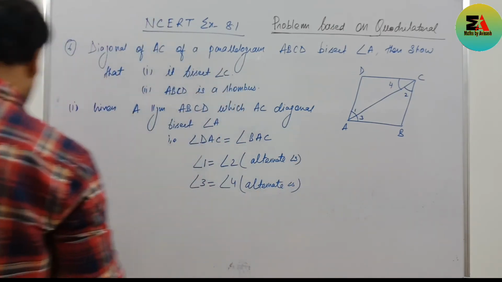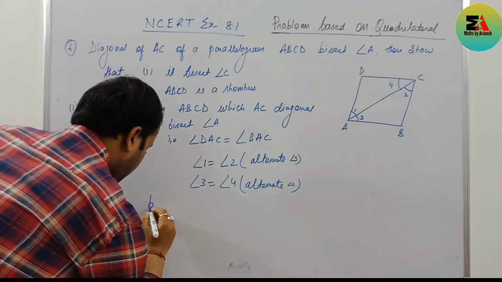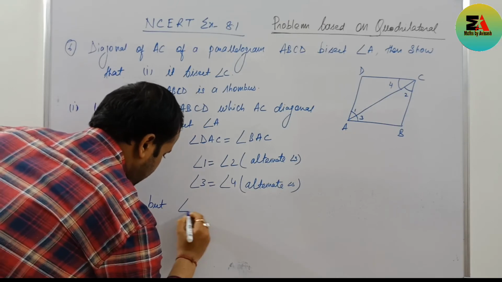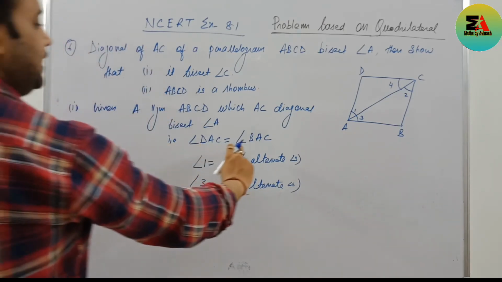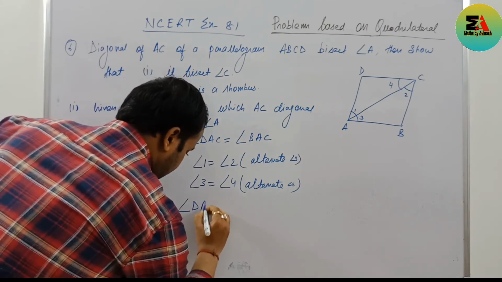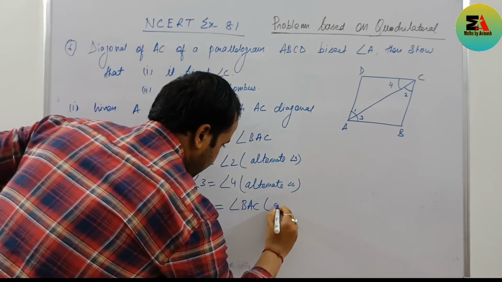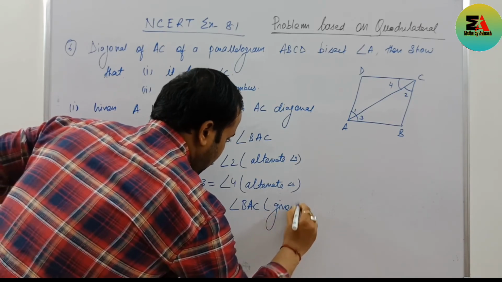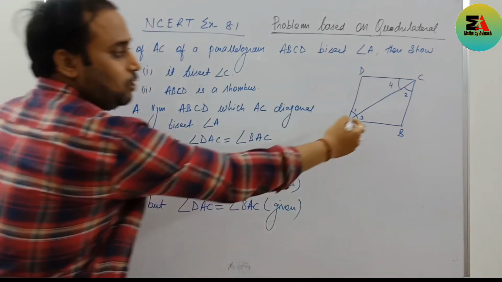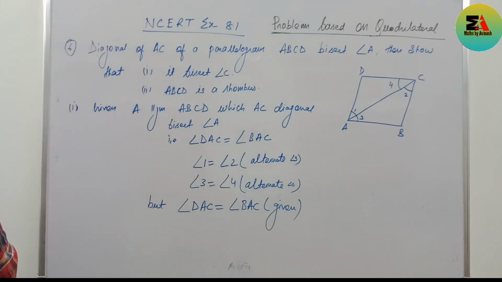But angle DAC equals angle BAC. This is already given. Why? Because AC is the bisector of angle A. Clear? Then what we write?